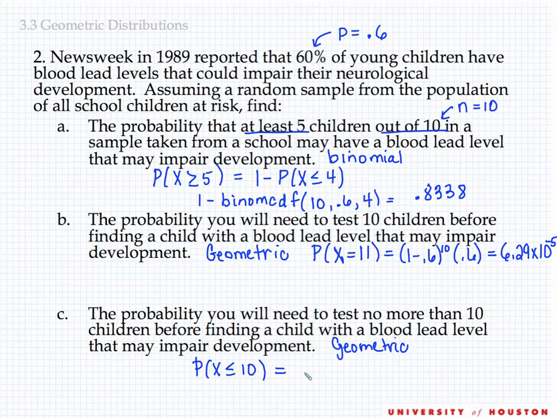That is the complement of being greater than 10. So this would be equal to 1 minus the probability that x is greater than 10, which will be 1 minus, our formula for the greater than is (1 minus our success) to that power. So this comes out to be 0.9999.